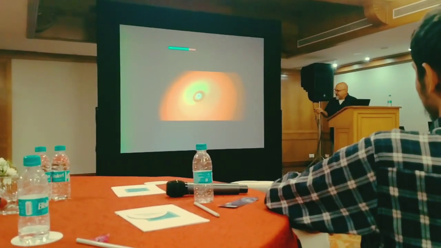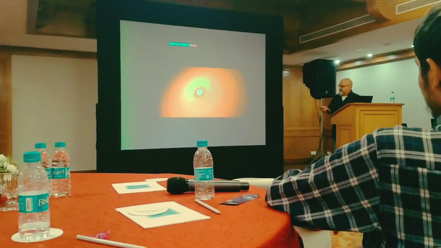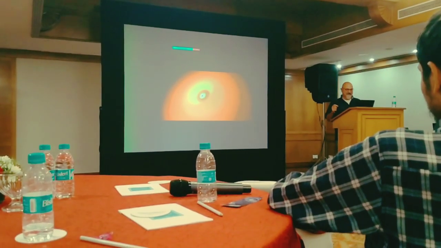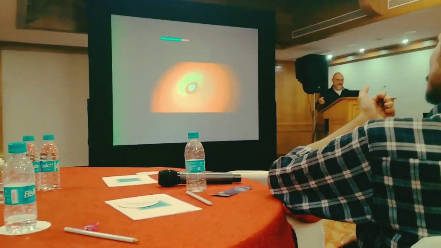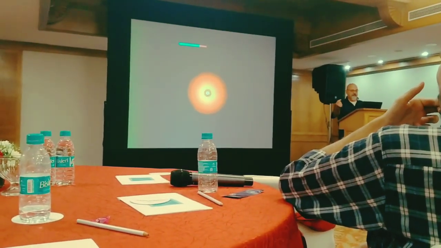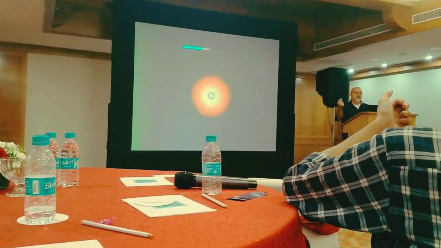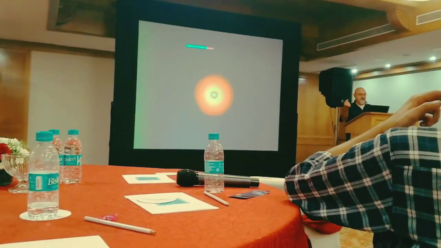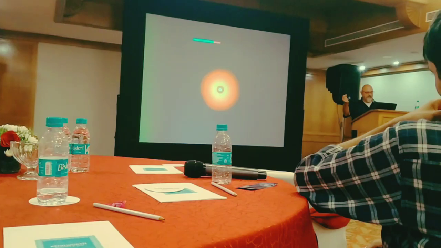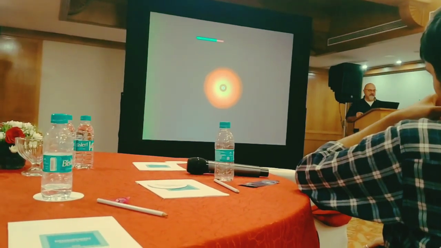So you can see there is a black spot in the middle. Now, this is not the shadow. There is no horizon. What happens is that matter just falls in toward the center of the boson star, but is conserving angular momentum. So at that point, the effective potential is the typical centrifugal Newtonian potential.